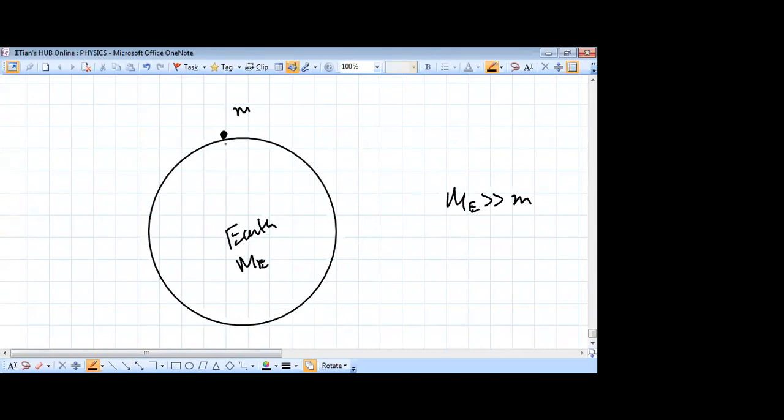So mg is nothing but the gravitational pull that the Earth is applying, and the force vector will be directed towards the center of the Earth. So this is the center of the Earth. The gravitational force that the Earth is applying.